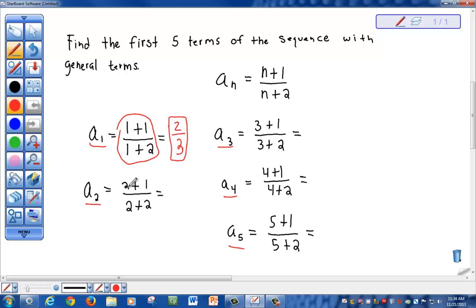For a sub 2, I plugged in 2 for the n, so we have 3/4, and this is our answer for a sub 2. Now we have a sub 3. Same thing, we plug in 3 for the n, so we have 4/5.